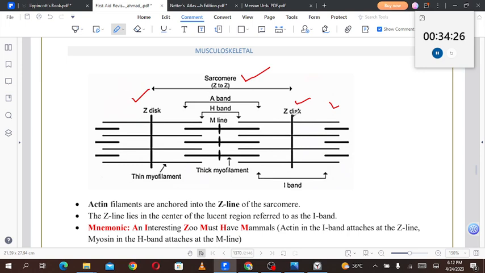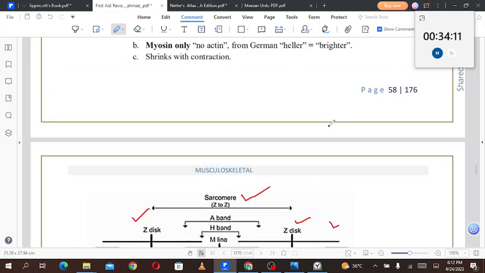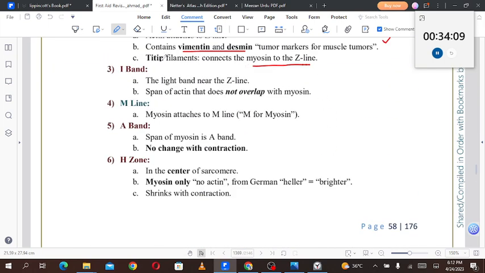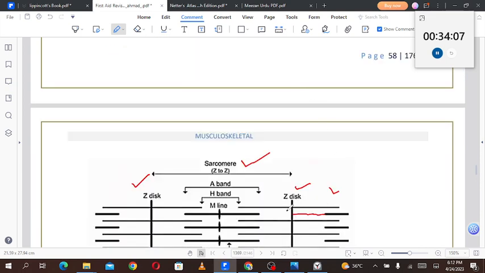The actin filaments are a separate proteinaceous material that is tethered or fixed inside the Z disc. Now this thicker line is myosin. This myosin filament is attached to the Z disc via another protein called titin filament. So titin connects the myosin to the Z disc.